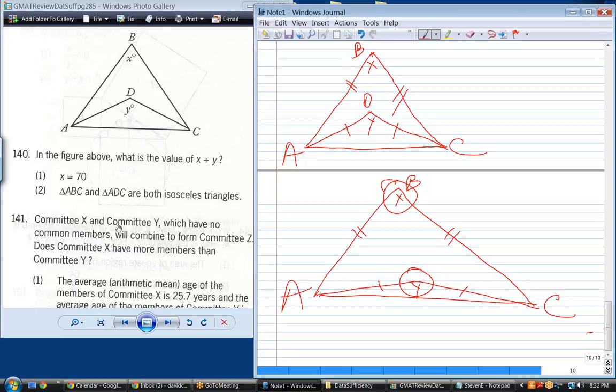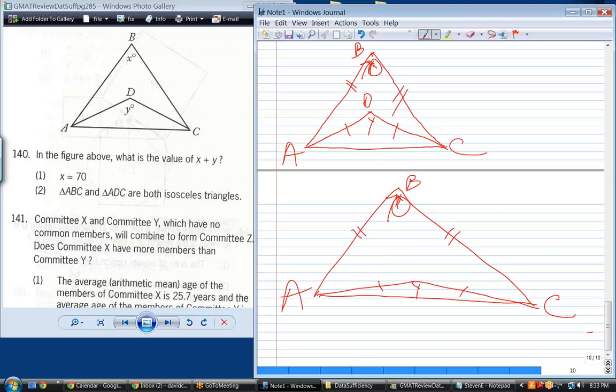All right. So taking statement 1 now, x is 70, and that doesn't tell me anything about y, how much y could be. So that wouldn't be sufficient, really. And in fact, in the drawing that I just did, you proved that together they're not enough either.